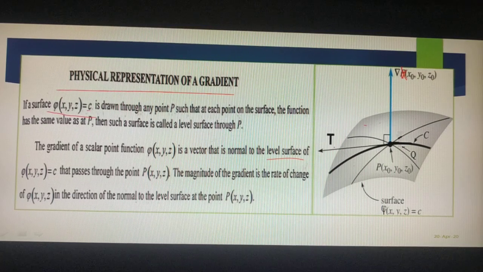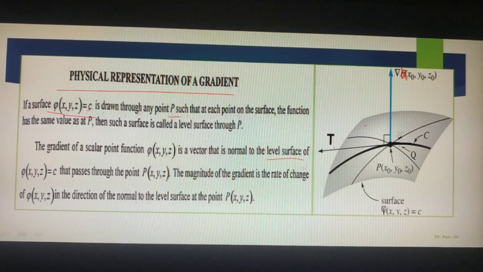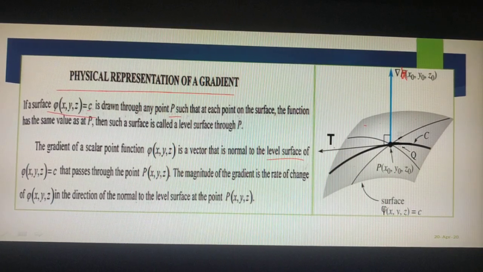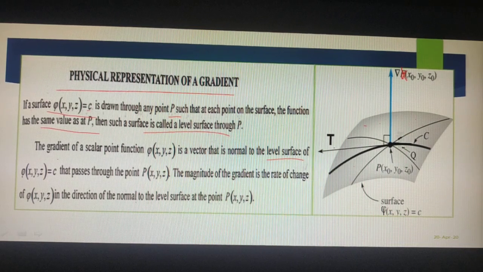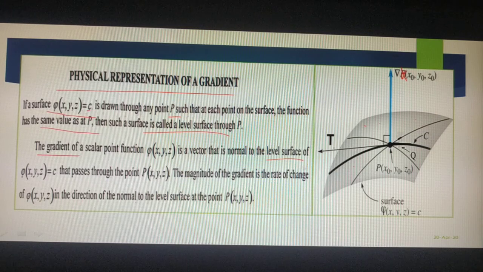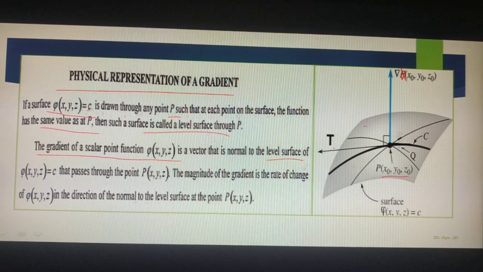So on the surface at any point P, we will get the same value, so it is called a level surface. On this level surface I am now defining the gradient of a scalar point function phi of xyz. Some point P of xyz, or x0 y0 z0, is there.